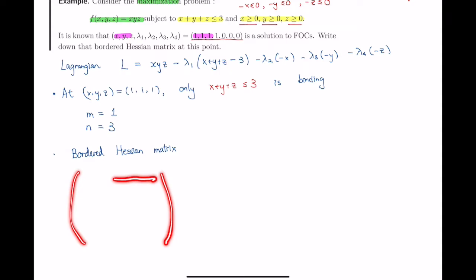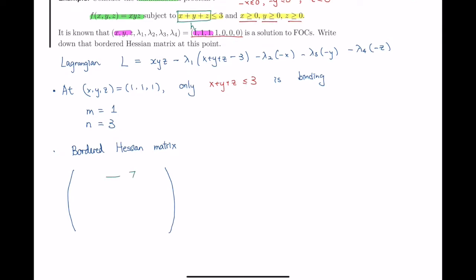And then we reflect it along the diagonal, so we get another column here. Let me write down carefully. Suppose I call this binding constraint function h. So I should put grad h here, and I put a 0 here, and I should put grad h here as well. And then what do I put here?